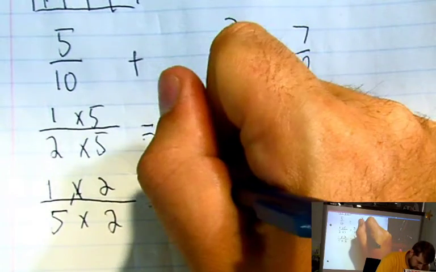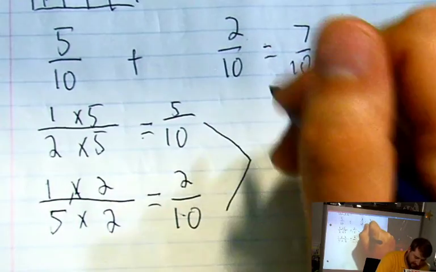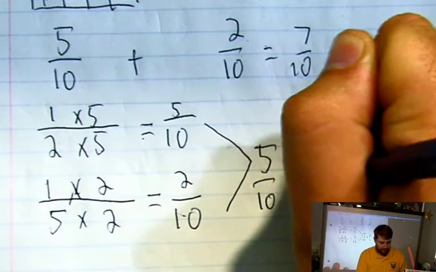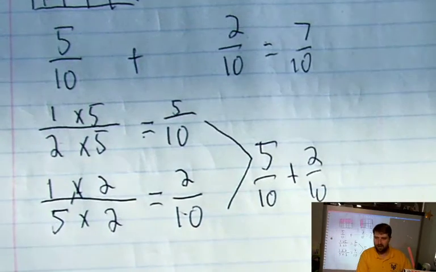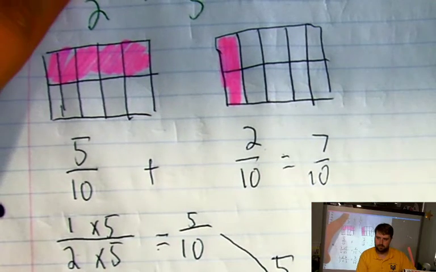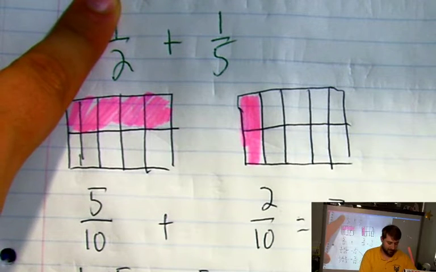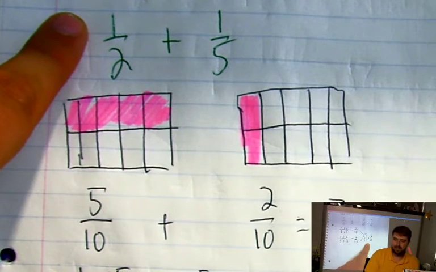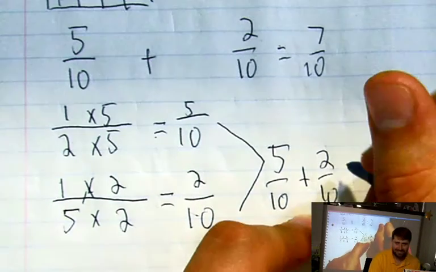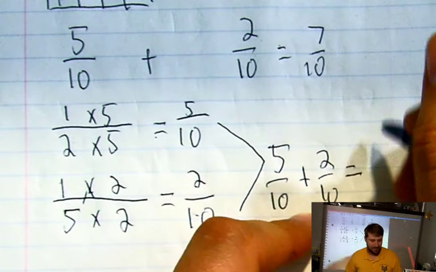Well, guess what? We can now rewrite our equation, 5/10 plus 2/10. And this is the same as our original equation, because we've taken the equivalent fractions to 1/2 plus 1/5 and written them down here, 5/10 plus 2/10 equals 7/10.